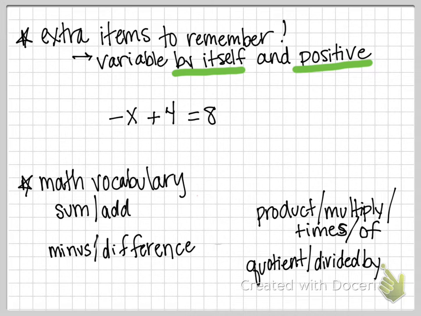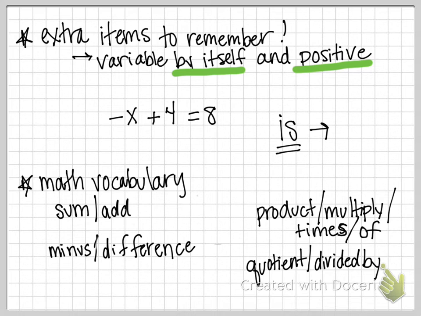Means you divide. Part of what we'll practice in this lesson is being able to take words, turn them into equations, and then solve. They're going to give you words, you need to turn it into a math sentence using symbols and numbers, and then be able to solve.